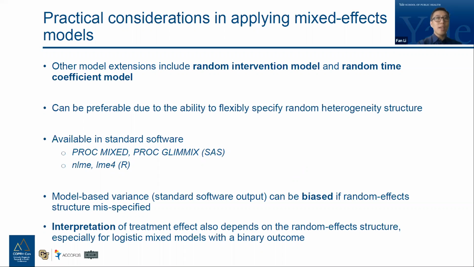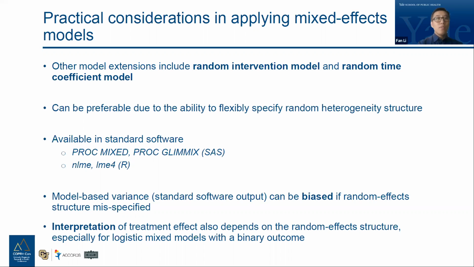However, we should realize that the standard software output often uses the model-based variance for the mixed effects models, which can be biased if the random effects structure is incorrectly specified. And that's why one has to be careful in choosing these model variants, and then perhaps conduct some sensitivity analysis to see how the power and sample size estimates change according to various assumptions.